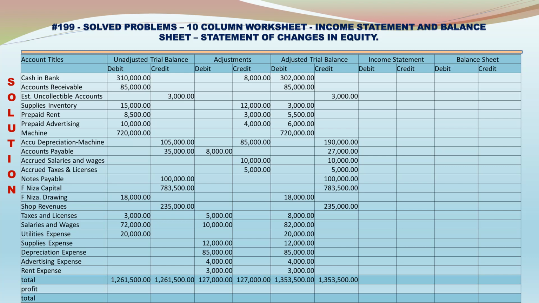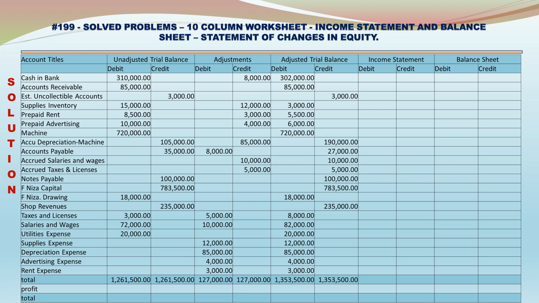Notes payable 100,000 credit. FNIJA capital 783,500 credit. FNIJA drawing 18,000 debit. Shop revenues 235,000 credit. Taxes and licenses 8,000 debit. Salaries and wages 82,000 debit. Utilities expense 20,000 debit. Supplies expense 12,000 debit.